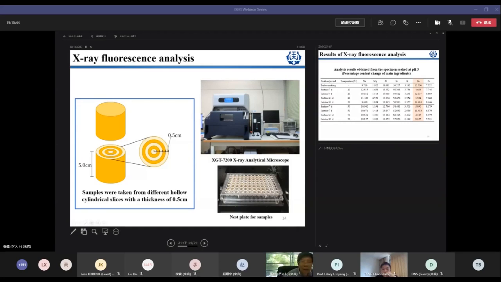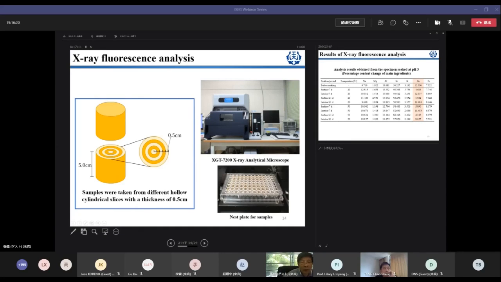Okay. On the other hand, we also conduct X-ray fluorescence analysis. You can see this is the radius of the sample, 5 centimeters. The erosion of the calcium ions by the acid environment is totally different at the outer and inner places, so we have to measure the content of this erosion very carefully.